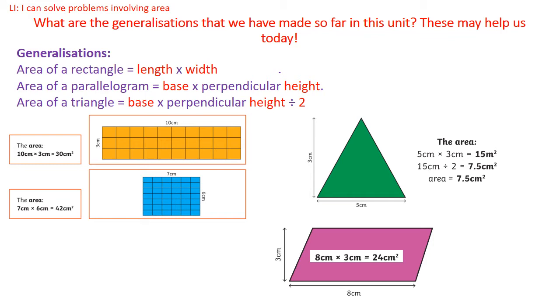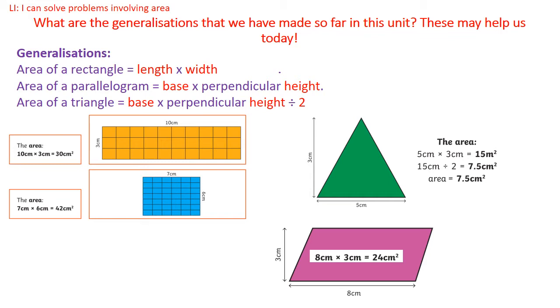Then, of course, the other thing that we've been practicing this week is finding the area of a triangle. So this time we will do the base times the height, or the perpendicular height, divided by 2. Again, it's not the diagonal side of your triangle. It is the height from the very tallest point leading straight down so it meets the base at right angles.